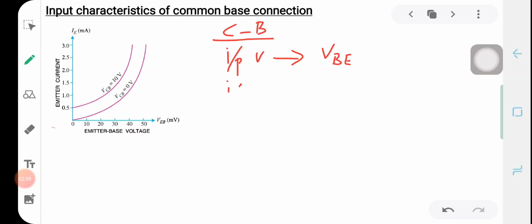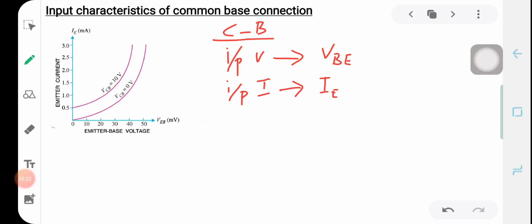Now the input current is the emitter current in the case of a common base connection, so it is represented by IE.